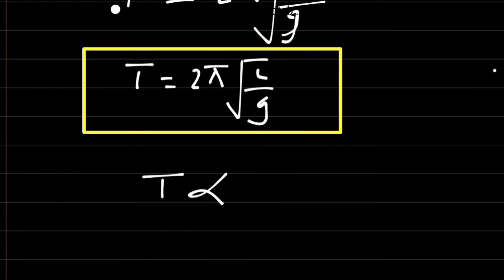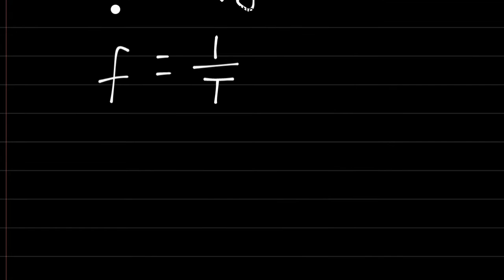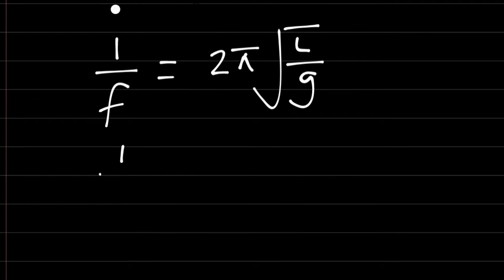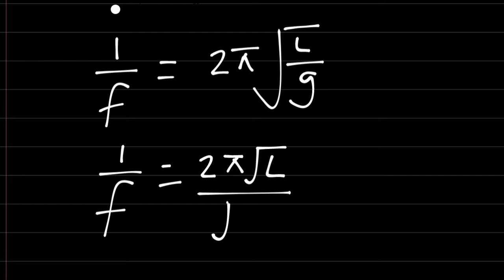The period of a pendulum bob is directly proportional to the square root of the length of the pendulum bob. Don't forget that. Therefore, I have 1 over f is actually equal to 2 pi root L over g. Now let's cross multiply.